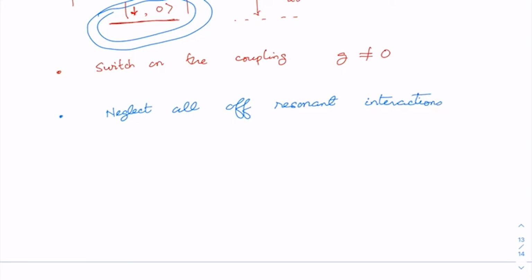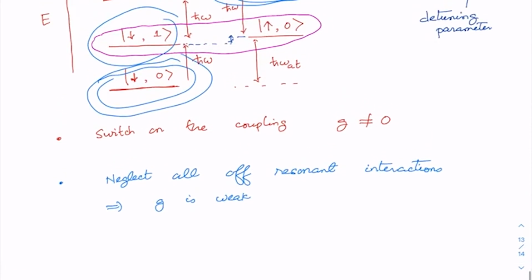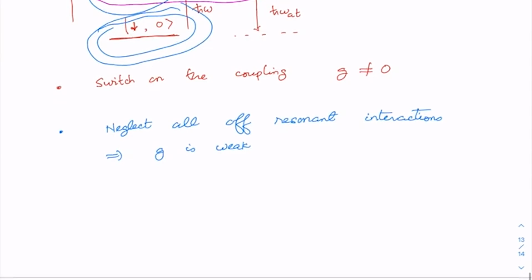That is possible only if the coupling parameter z is very weak. Then we can neglect all the other off resonant interactions.